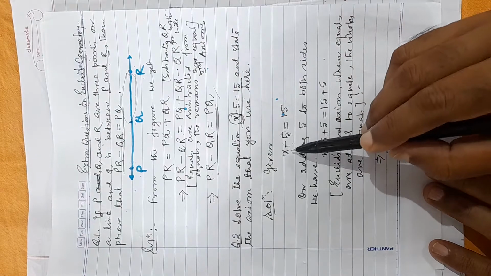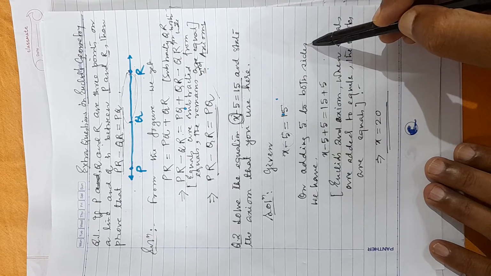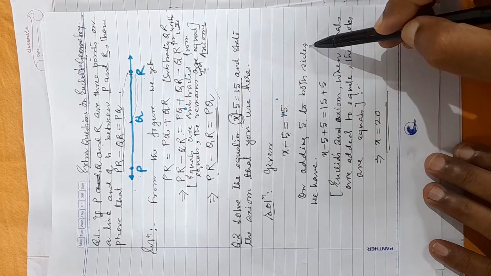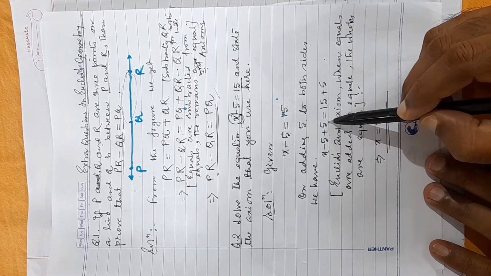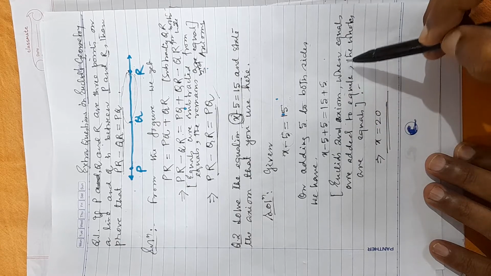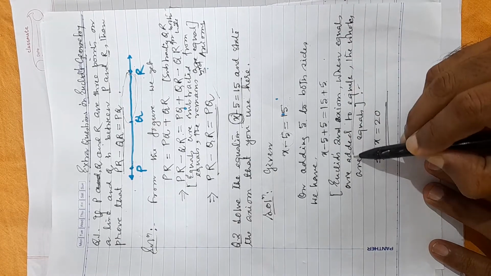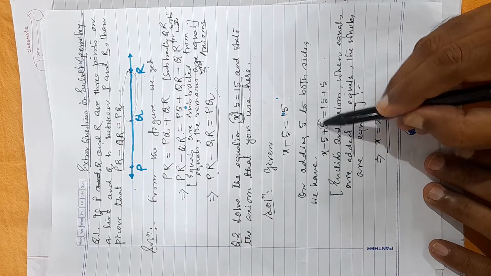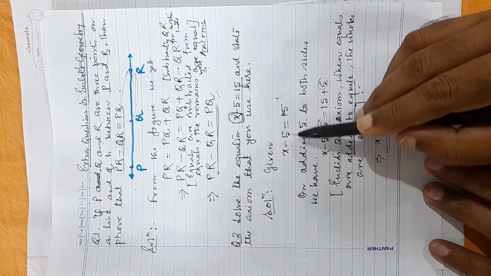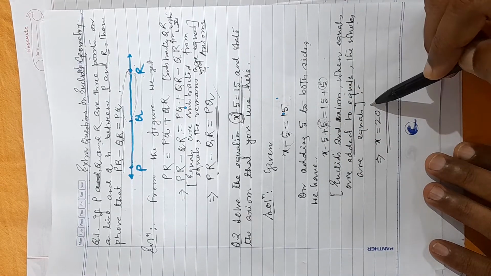Okay. So x minus 5 is equal to 15. On adding 5 to both sides, how do we get? x minus 5 plus 5 is equal to 15 plus 5. Here we use Euclid's second axiom. What is Euclid's second axiom? When equals are added to equals, the wholes are equals.